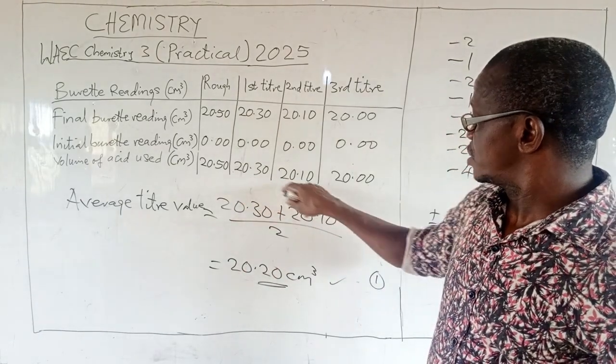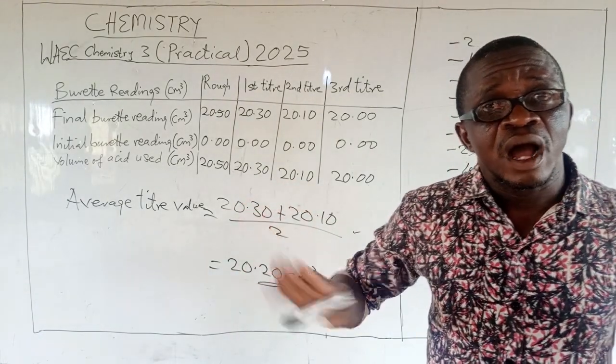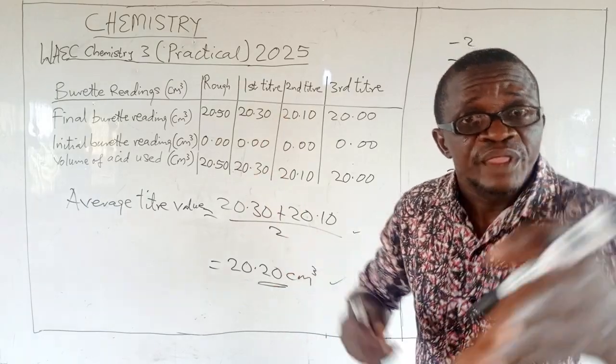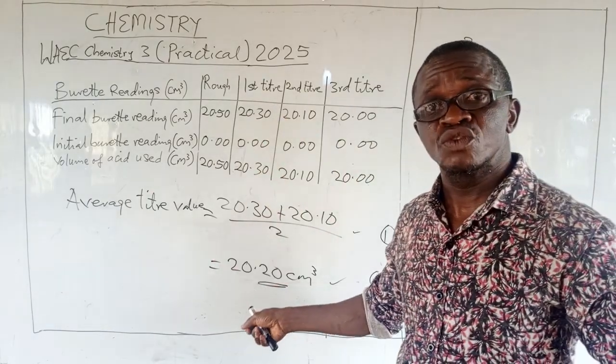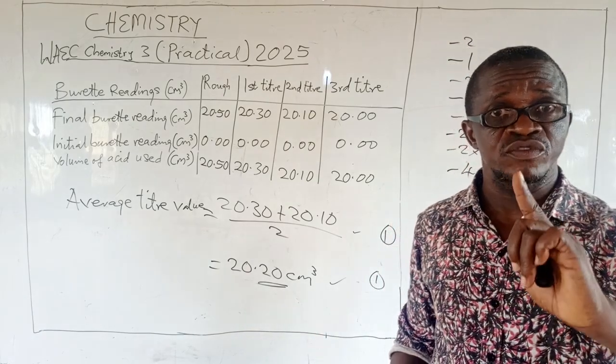So if this and this have been given to the WAEC, that means that on the day of marking, the person that will be marking will be using the values that your teacher gave you.